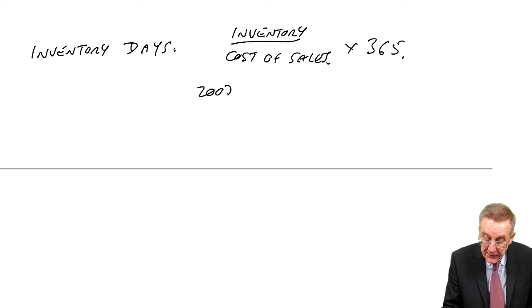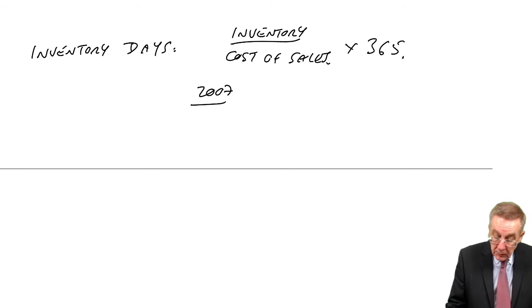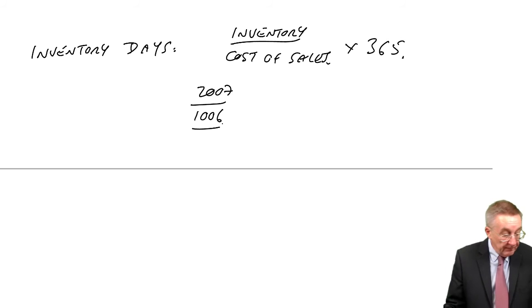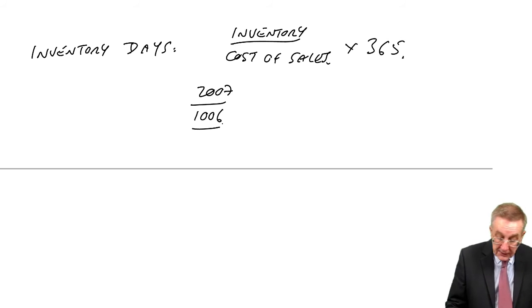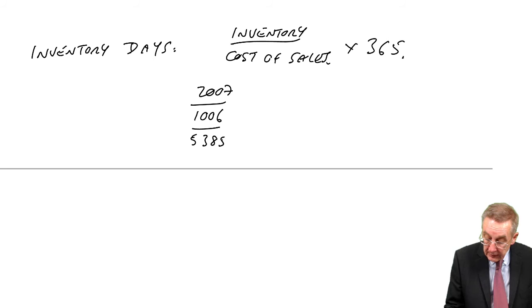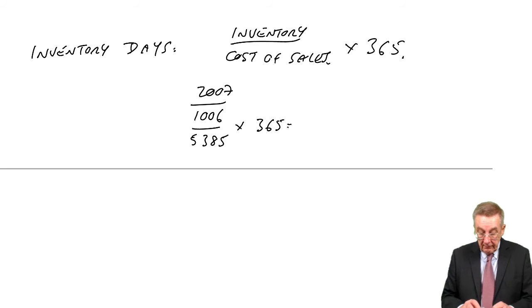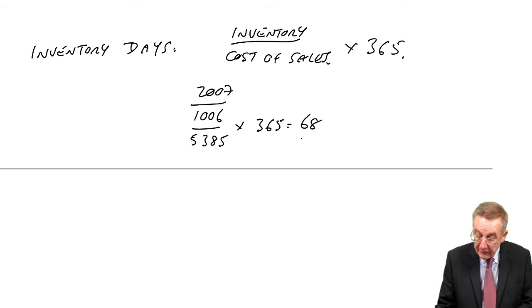So in 2007, our inventories were 1,006. Our cost of sales, 5385, which is 68 days.